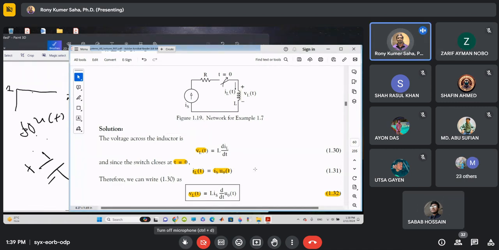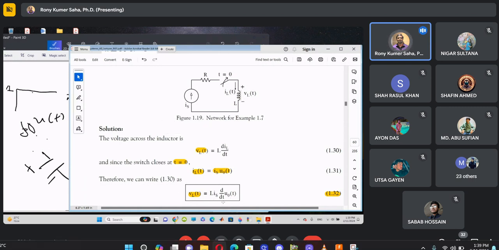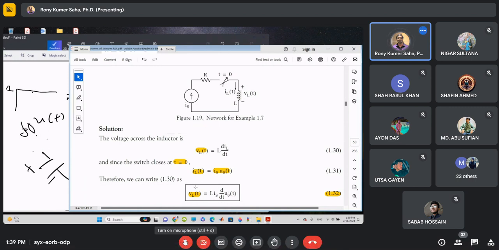Here, after calculation, you found this expression. Now, if you put in the value of this unit step, you see that VL equals zero. My question is: do you think your answer is correct?